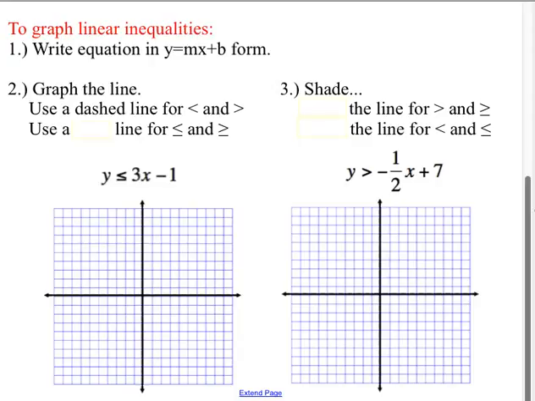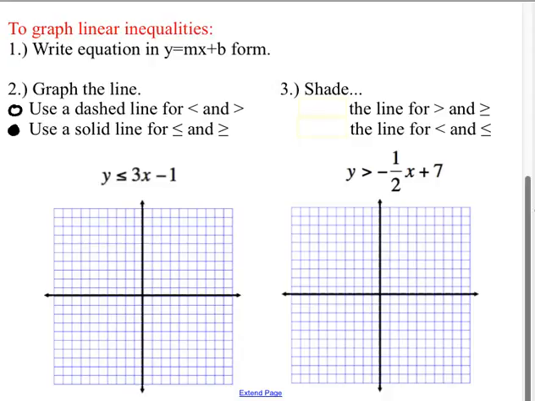So if the line is not part of your solution, dash it. And make it solid if it is part of your solution. And that's very similar to, remember, we had open circle, closed circle when we were doing one variable inequalities. Same idea, except dashed or solid instead of open or closed.